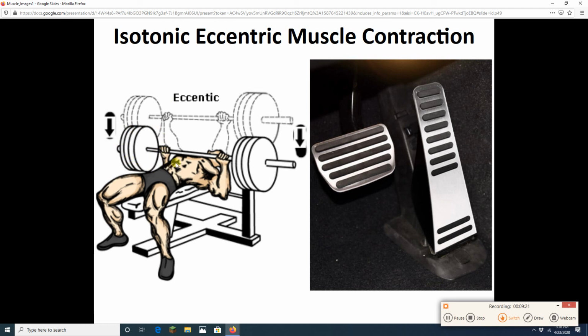Now, this is why the bar doesn't just crash into your chest, because you're able to generate this tension while the muscle cell is lengthening. It's like you're using the brake pedal, okay? You are generating tension to lower a weight. If you lift weights and you're familiar with doing negatives, this is what this is all about.